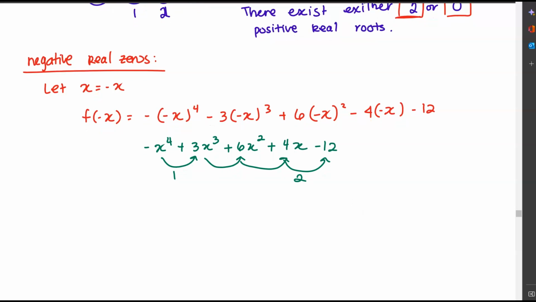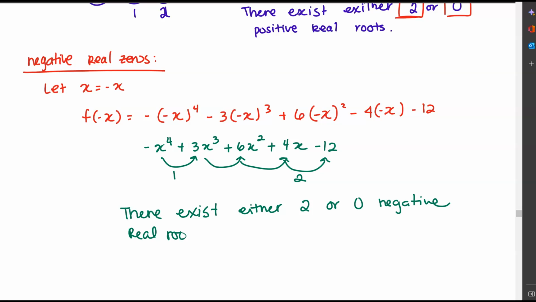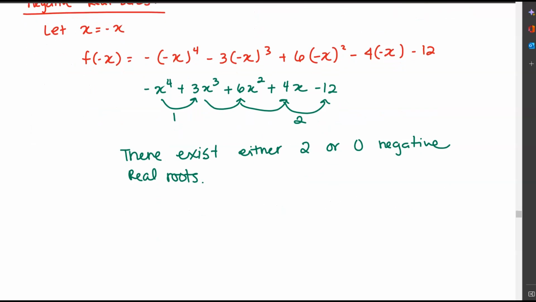So therefore, we're in the same spot. There exist either 2 or 0 negative real roots. And then that's it.